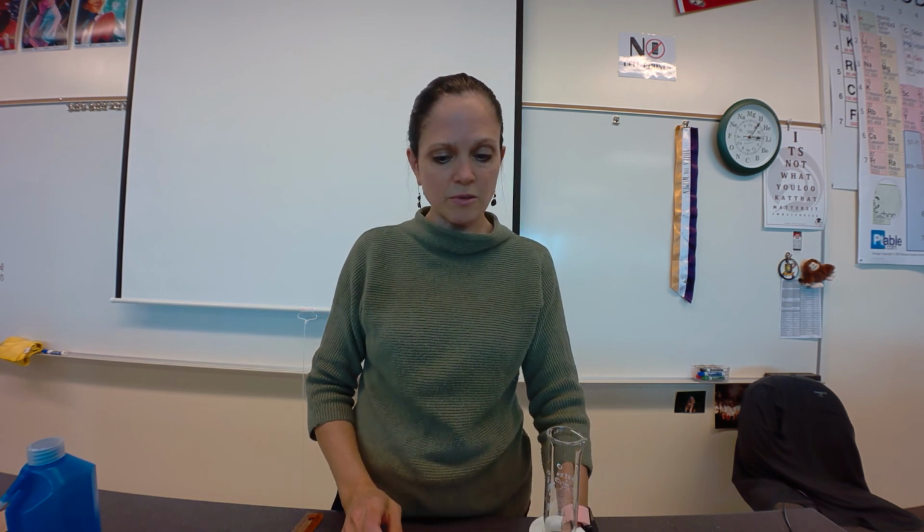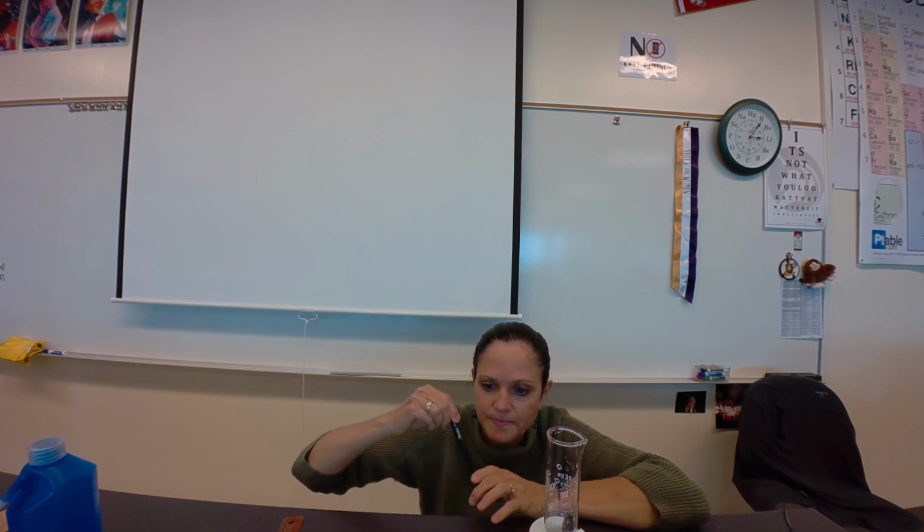I'm going to put this down so it's level so that I can read it. Now, each of these lines are worth 1 milliliter. So I have 45 point, it looks to me like 45.8. Yep, 45.8 mils.